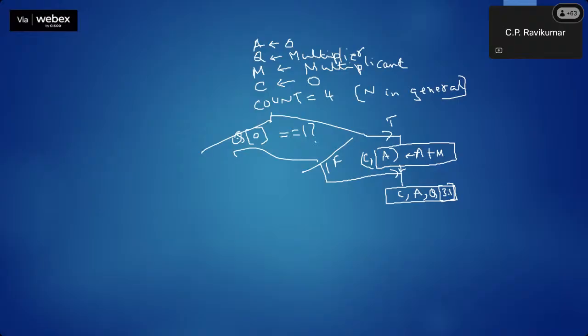So these are the 3 bits of Q. This is 4 bits of A, and this is a carry. These guys will go into A and C. Totally 8 bits. 4 plus 4 is 8 bits. This is 4, this is 3, and this is the carry.